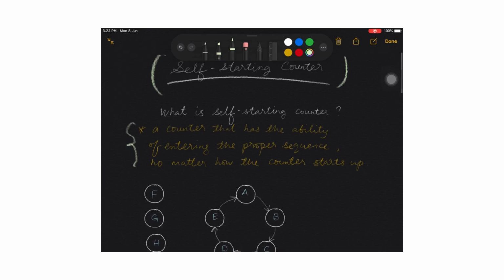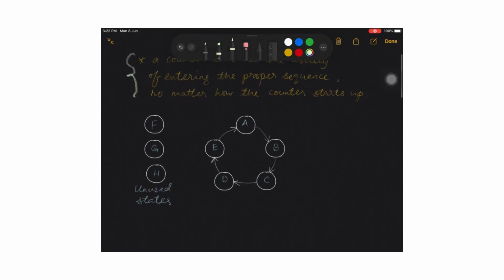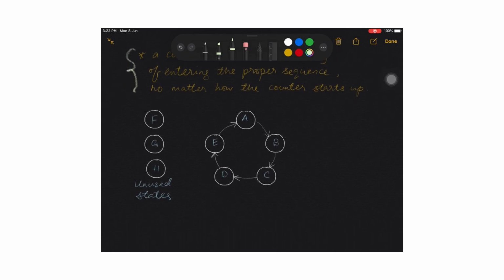Suppose that this is the counting sequence of your counter: A, B, C, D, E, and repeat, in which you have 5 used states, A, B, C, D, and E, and 3 unused states, which are F, G, and H. Imagine that you just power up your counter circuit and the flip-flops produce a random state based on the initial condition of the circuit.